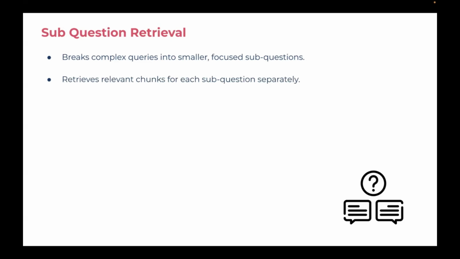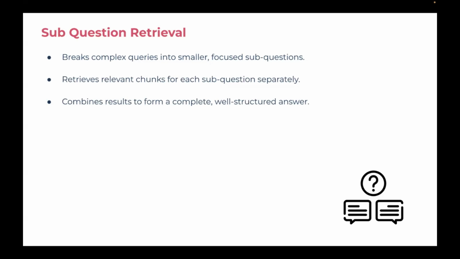Then it works upon each of these sub-questions to retrieve the relevant chunk. For example, if you ask, what are the loan amount, repayment terms, and eligibility conditions for this particular loan, the system will create three sub-questions: one for the loan amount, one for the repayment terms, and one for the eligibility. It then retrieves relevant chunks for each of these sub-questions and synthesizes the information into a complete answer.